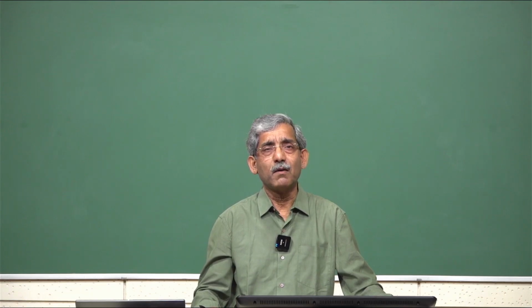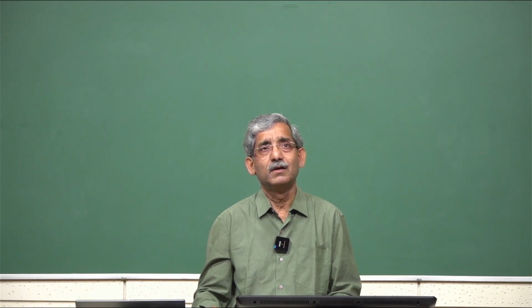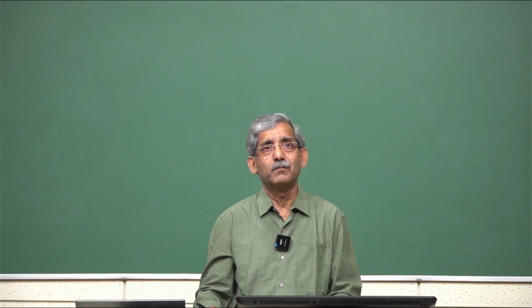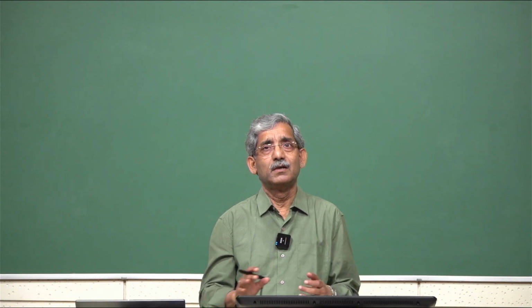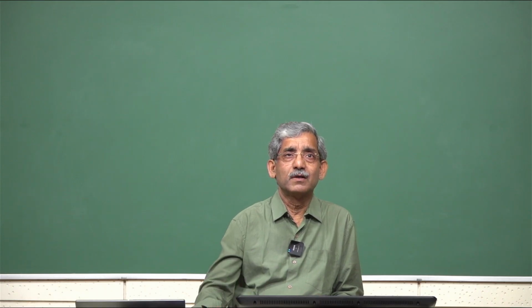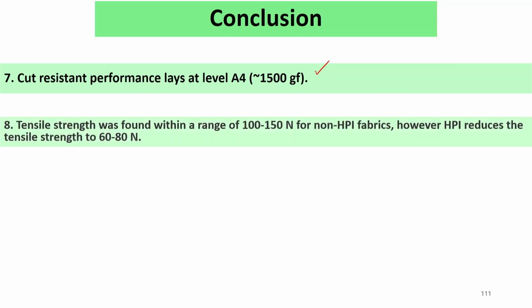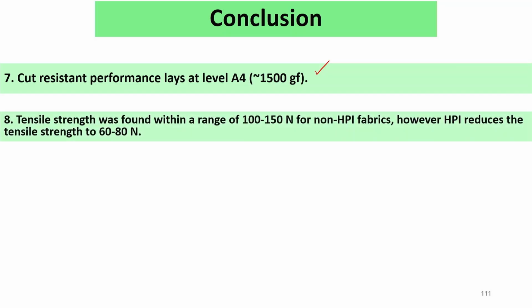So, we have come to the end of this mechanical threat protective textiles. The cut resistant performance level is A4 level we have got. The tensile strength was found within the range of 100 to 150 Newton for non HPI.